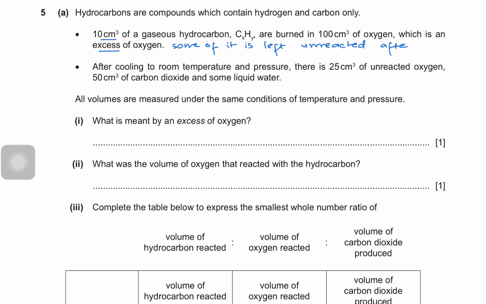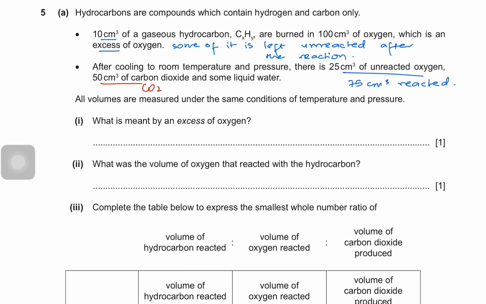After cooling to room temperature and pressure, there is 25 cm³ of unreacted oxygen, which means 75 cm³ reacted. Now moving on, you also have 50 cm³ of carbon dioxide and some liquid water. All volumes are measured under the same conditions of temperature and pressure.